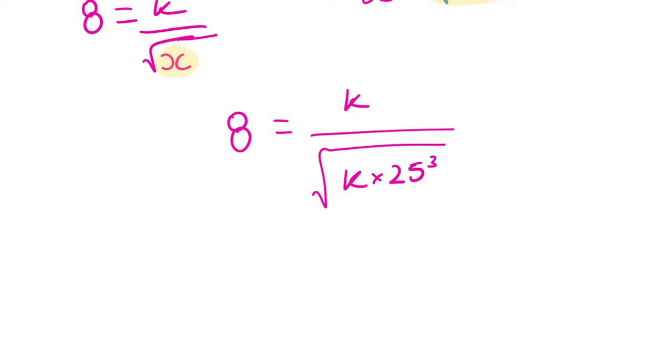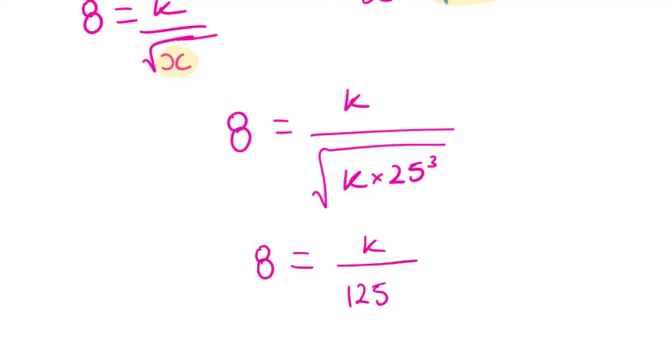Yeah, but we could do it another way. What's 25 square rooted? 5. 5 cubed? 125. Yes, we can do it each way, right? Then you get 8 equals k over square root 125.